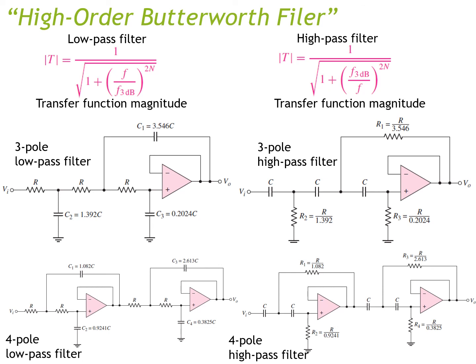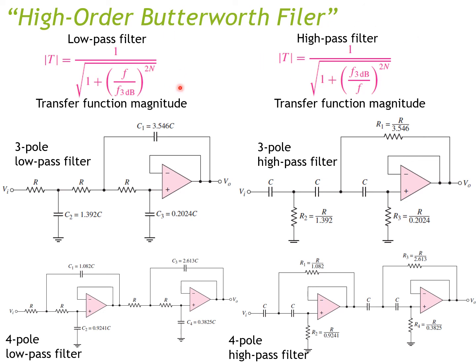What if I have more than just 2 poles? In general, you can have an expression of the transfer function magnitude, and you can write it down in terms of this equation and this equation.